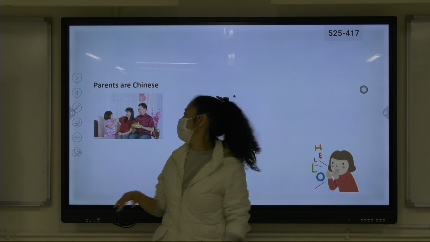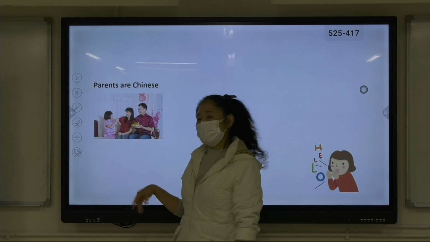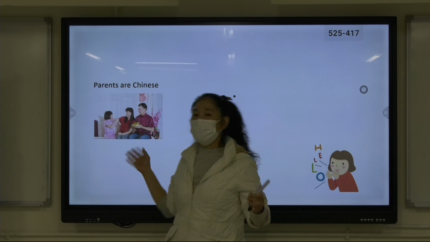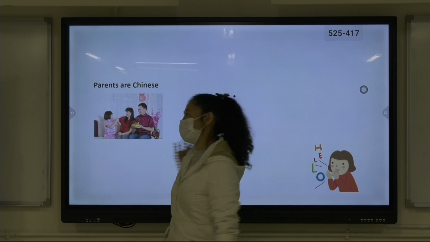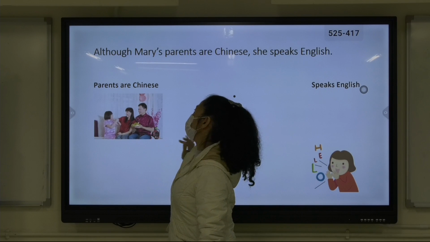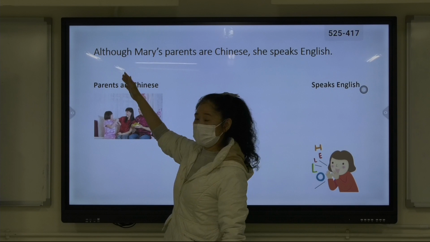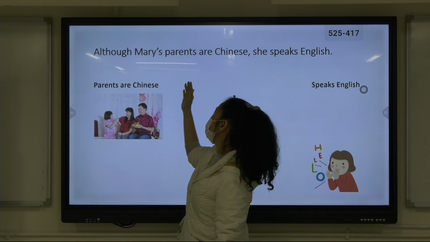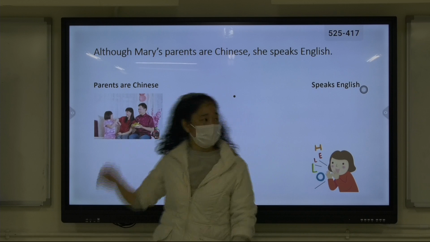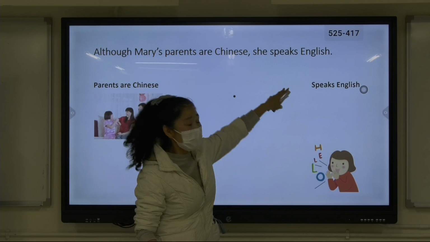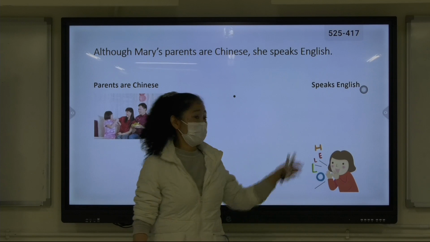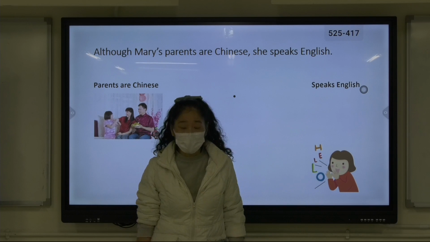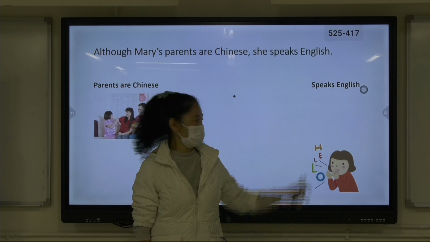It's not equal. So how to bring these two things together in a contrast way? We use these connectives: although Mary's parents are Chinese, she speaks English. Parents are Chinese, she speaks English, not Putonghua, not Cantonese, but English.